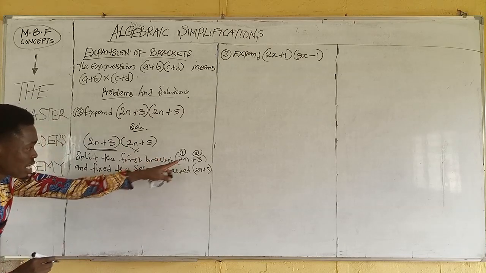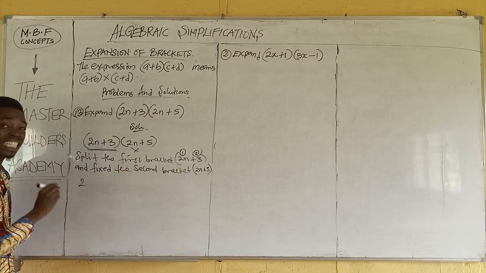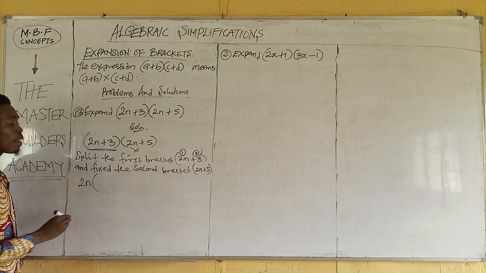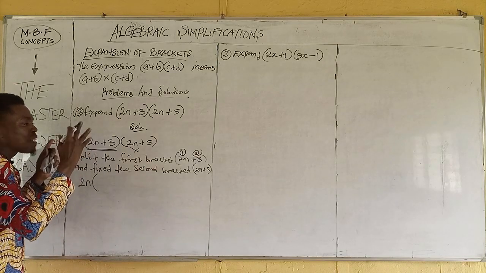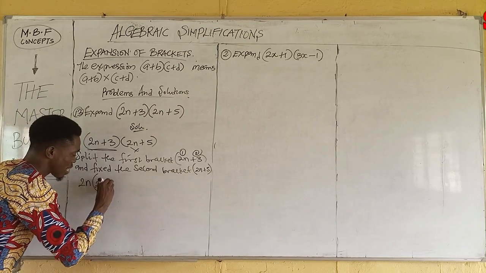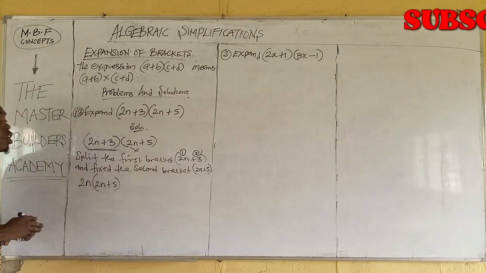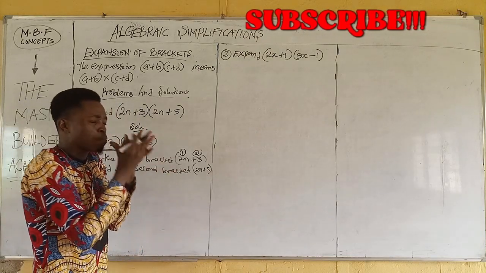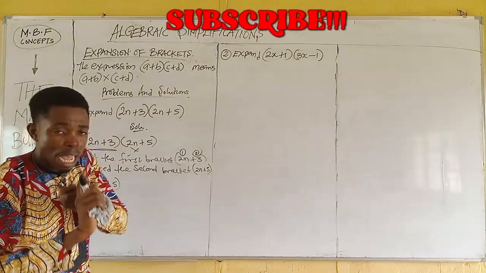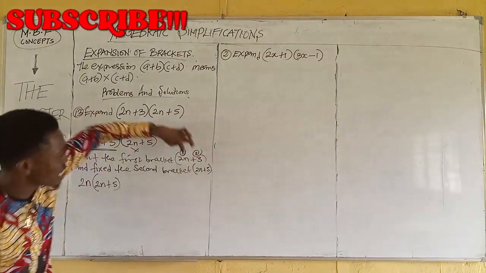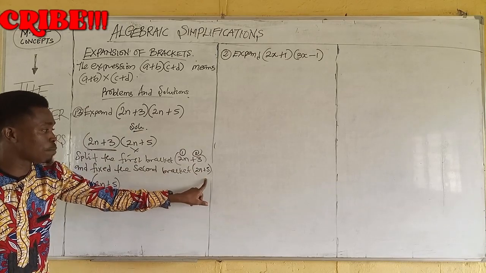The first thing you do is to take the first term in the splitting bracket, which is 2n, and multiply it by everything inside the fixed bracket. For the fixed bracket, you take everything in it, but for the splitting bracket, you take the terms one after the other to multiply the fixed bracket.